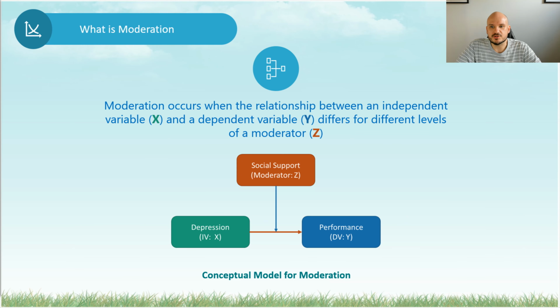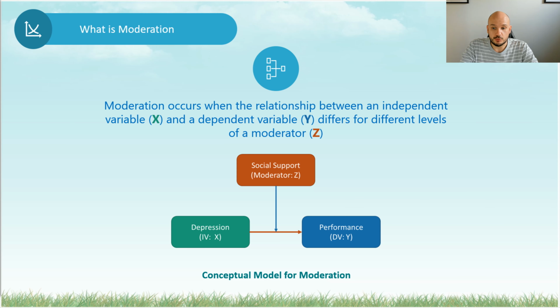Moderation really occurs when we have a relationship between an independent variable, right? So in this example, depression, and we have a relationship with performance. We know that higher levels of depression lead to lower levels of performance. However, the strength of that relationship is largely affected by your social support network.